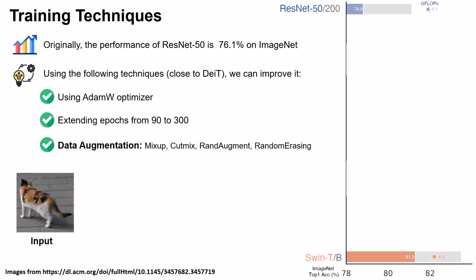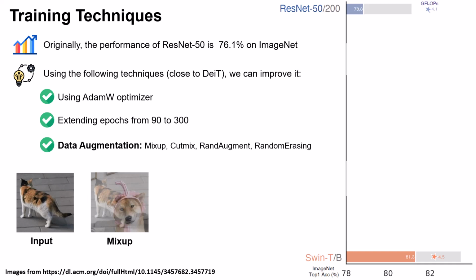Assuming we have an input image of a cat, then mixup says we can create a new type of data that is a combination of this class and another class, let's say the dog class. And we overlay the dog class on the original image and we create a new data. But what happens to the label then?